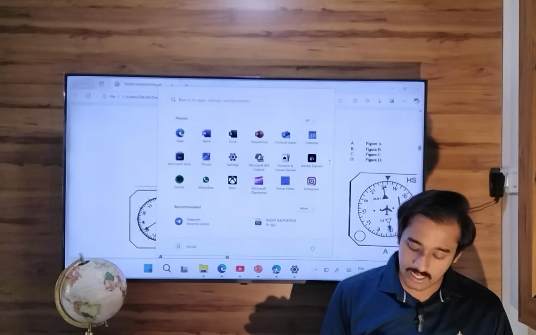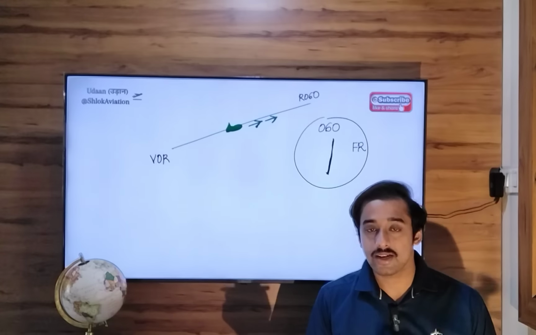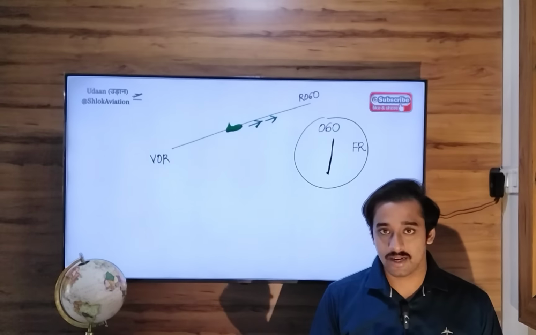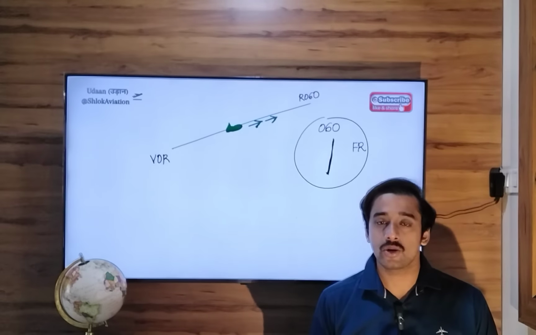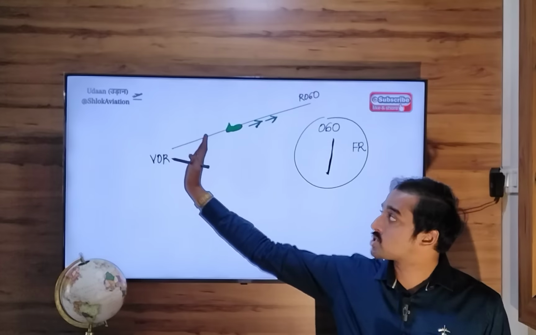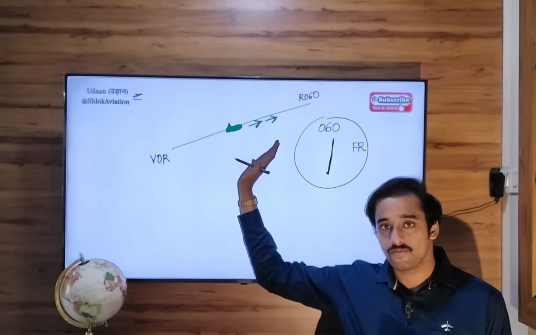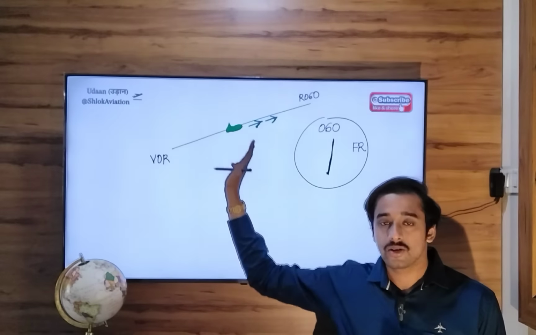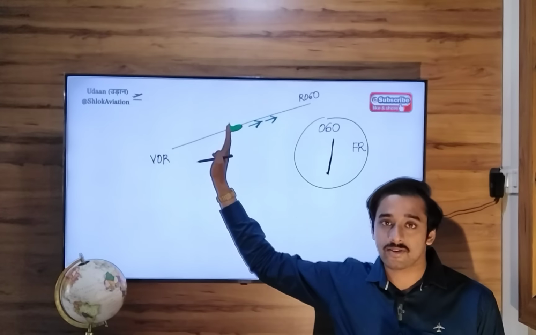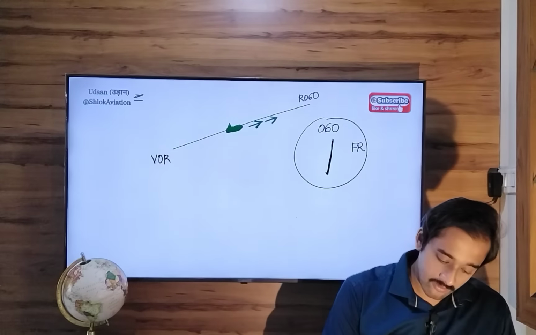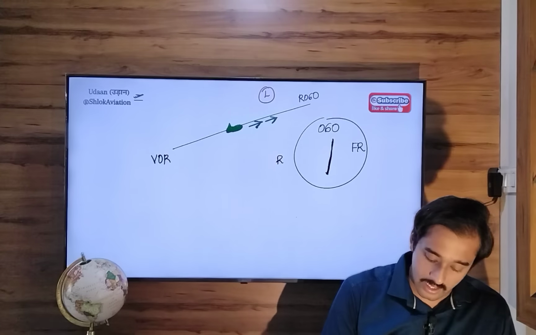Now, if CDI needle has deflected 5 degree left, that means it is telling the pilot to go left hand side. Now, the CDI will tell pilot to go left or fly left if the pilot has deviated from his track to the right hand side. Okay, so if you have deviated right, the solution to that will be to go left, to go back to your track, which is on the left hand side, right? Now, going outbound, this is your left hand side, this is your right hand side.